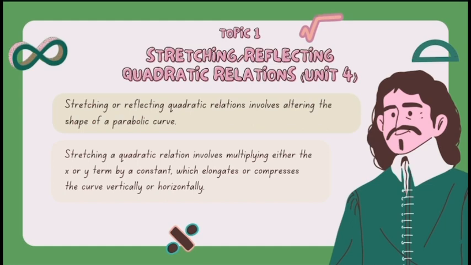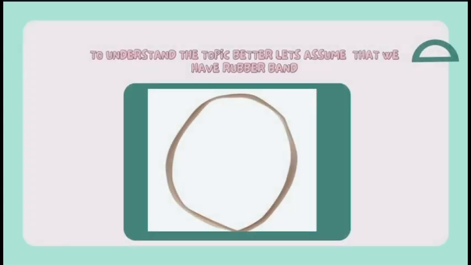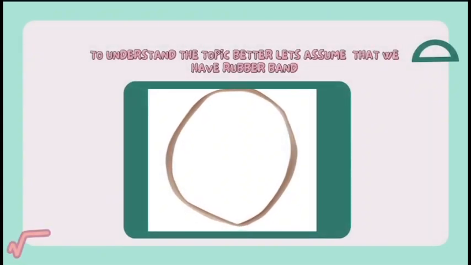For instance, stretching a rubber band makes it longer or shorter depending on how much force is applied. Reflecting on the quadratic relation flips the curve either horizontally or vertically, like flipping a picture horizontally, changing its orientation. So these transformations allow vertical manipulation of quadratic relations to fit various real-world scenarios and mathematical problems.